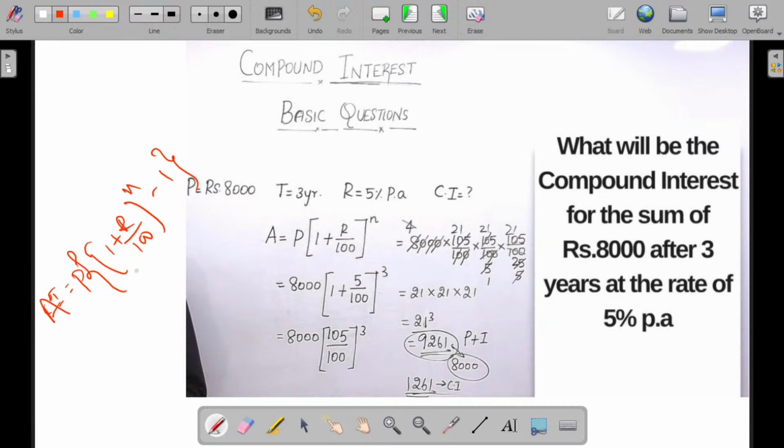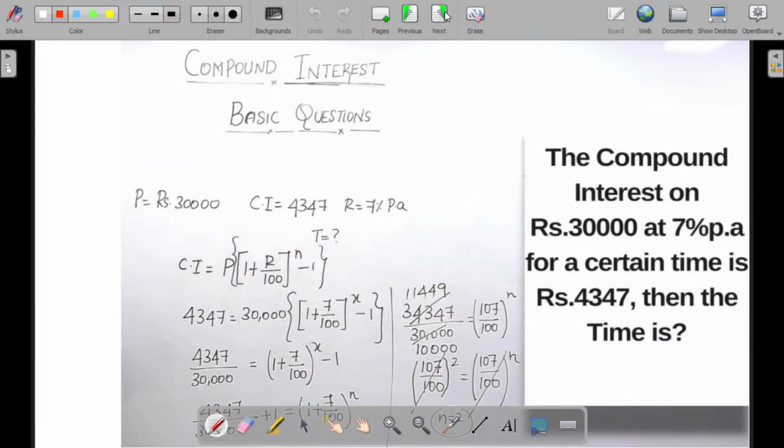So compound interest with the formula based method will get 1,261. Better you use the formula only in the examination: P into (1 plus r by 100) raised to n minus 1.